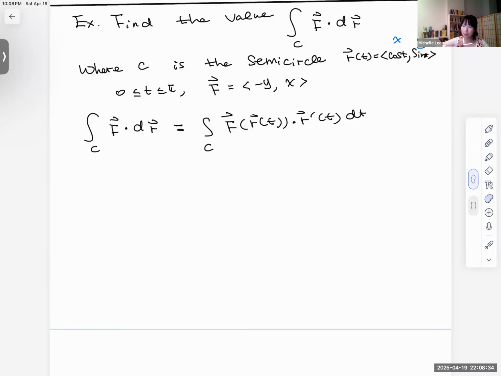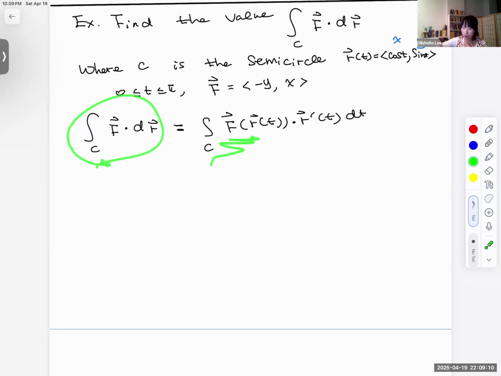Okay, so let's find the value of the line integral of F dot dr, right? Where C is the semicircle, r of t equal to cosine t, sine t, and t is between 0 and pi, and the vector field is negative y, x. So we knew that, we just found out what this means, right?